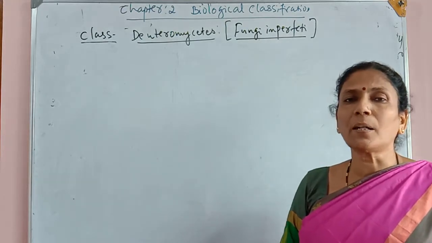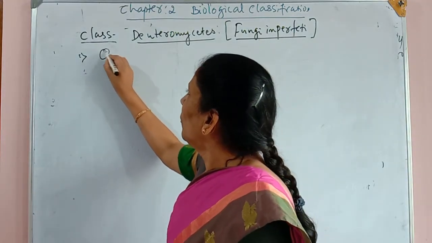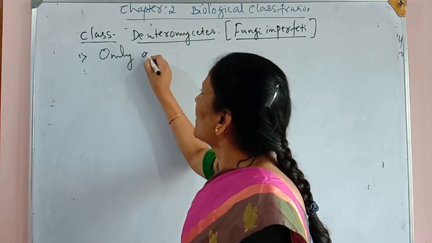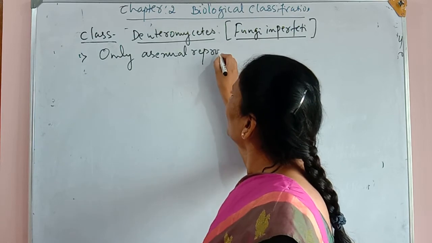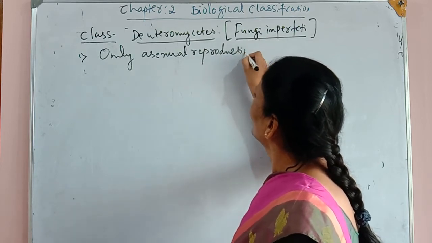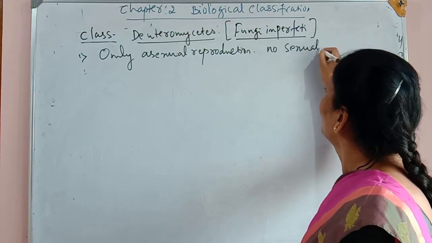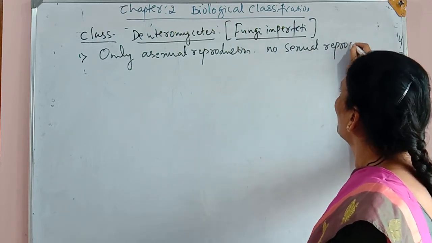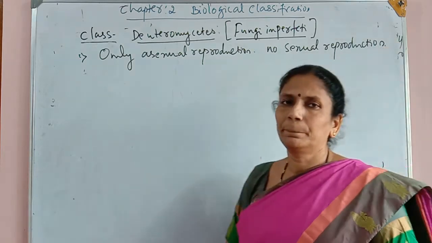Sexual reproduction is completely absent. No sexual reproduction. That's why they are called the Fungi imperfecti.